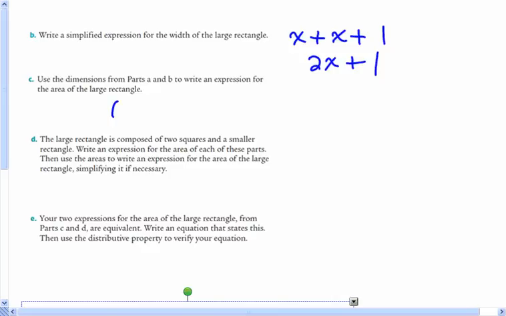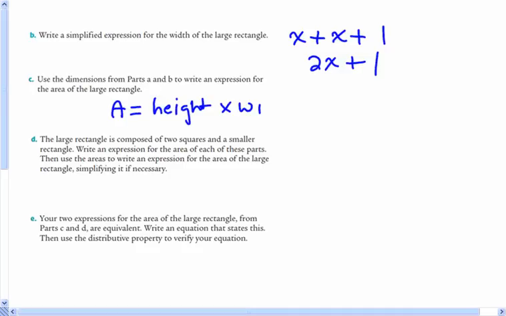We want area is equal to the base times the height, or the width times the height, in this case. And if we do that, the height we had was x, the width we had is 2x plus 1, and multiplying that expression is what we get.